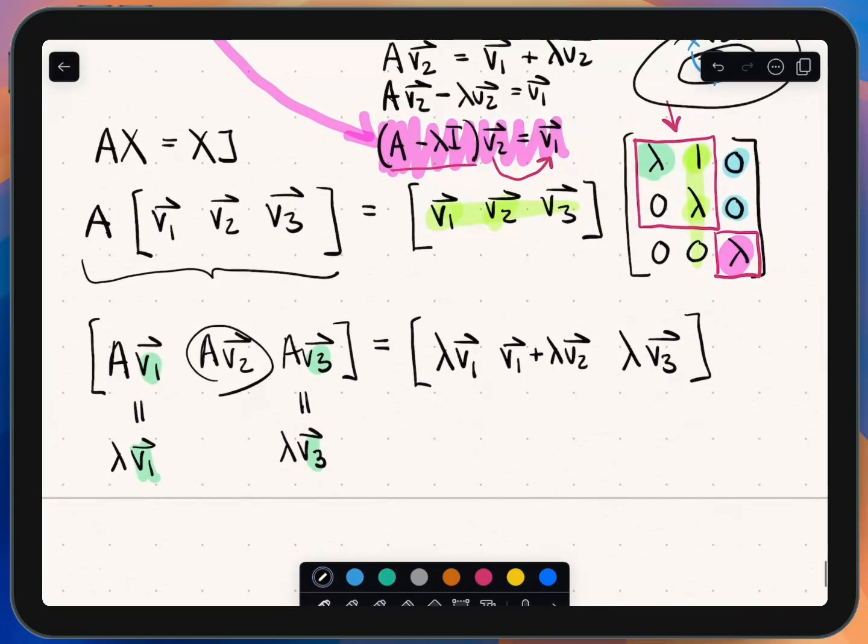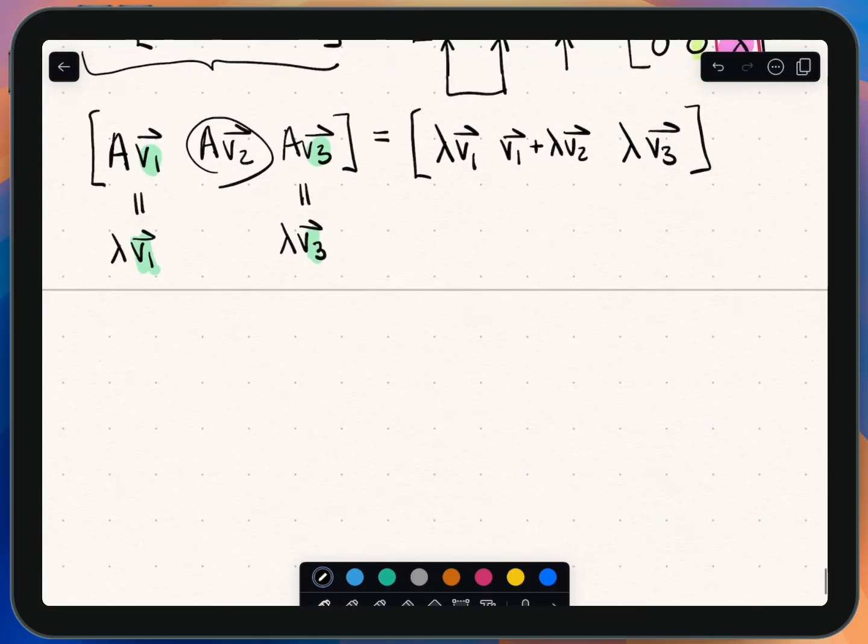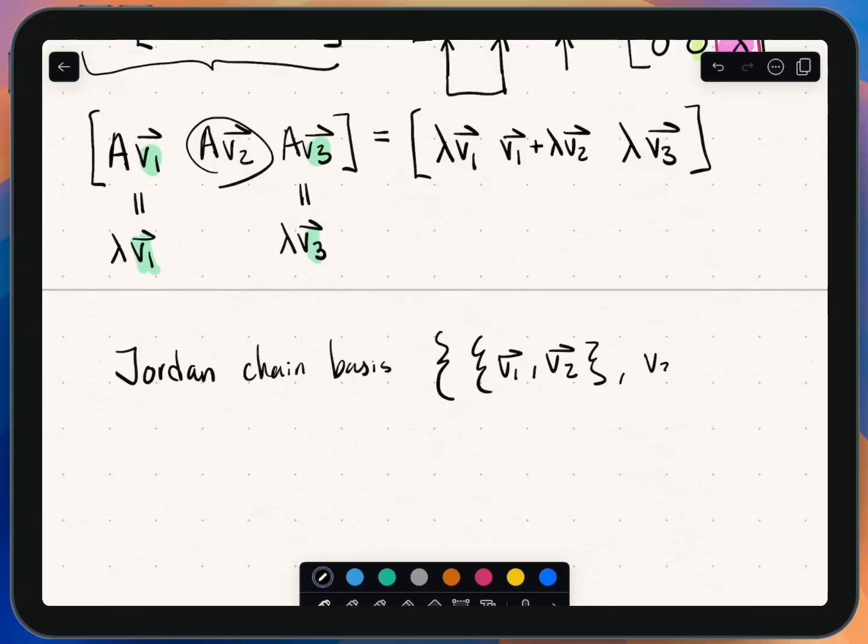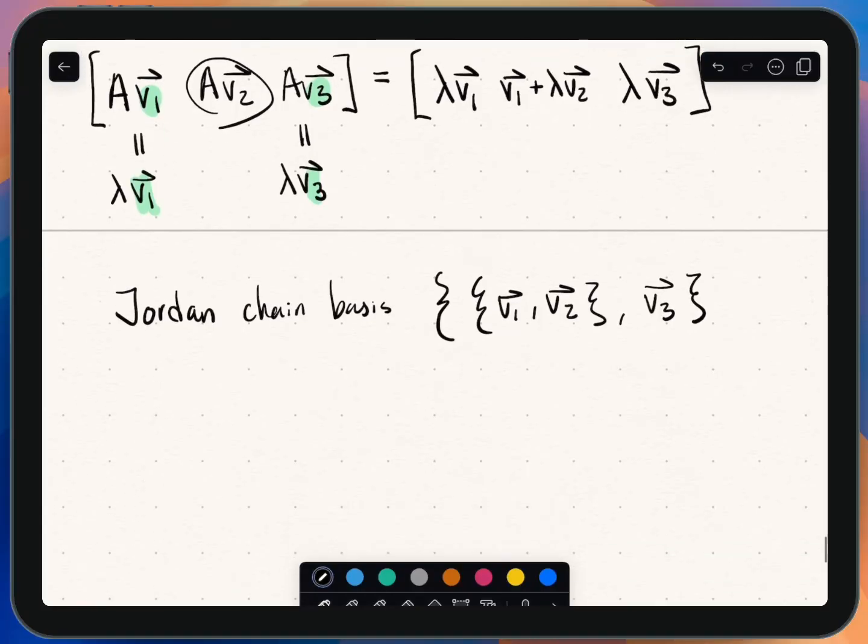I already know that V1 and V3 are eigenvectors, and these two come together as a little pair. So often we would note that the Jordan chain basis is composed of V1, V2, and then also of V3. And we're denoting here with these squiggly brackets that V1 and V2 are related.